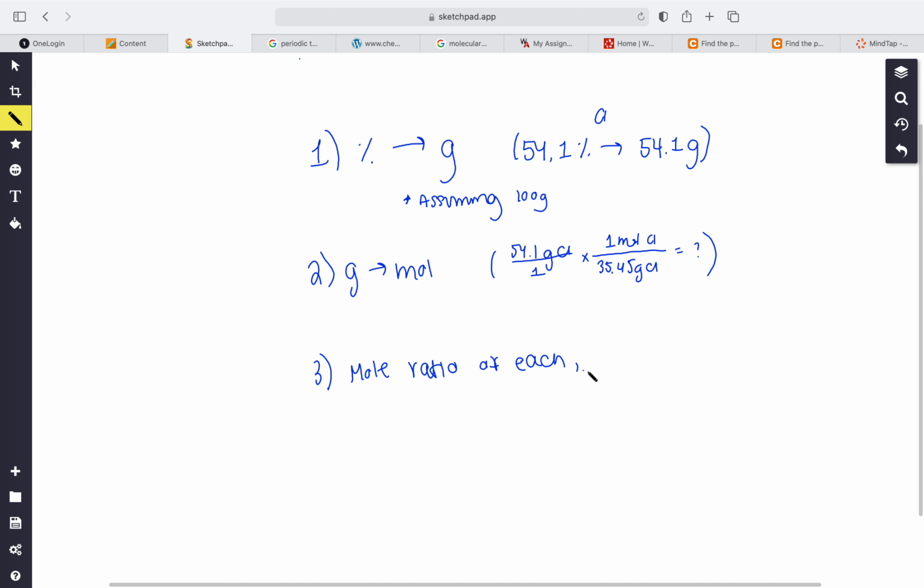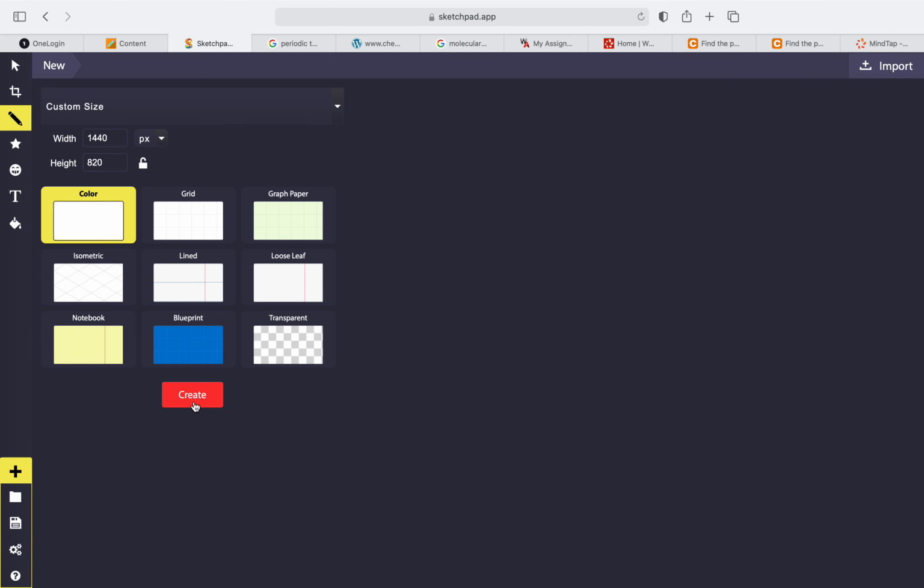And you want to find the simplest whole number ratios, right? So these are the steps that I take. If you're getting the correct answer, you might be able to word it a little bit different for yourself. But I'm going to go on and do a practice now.